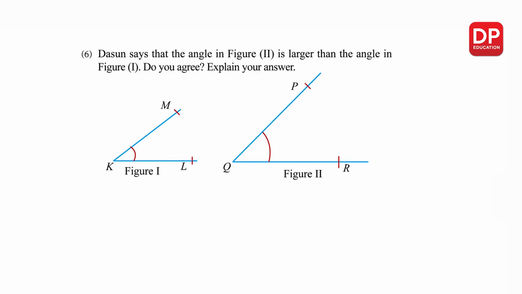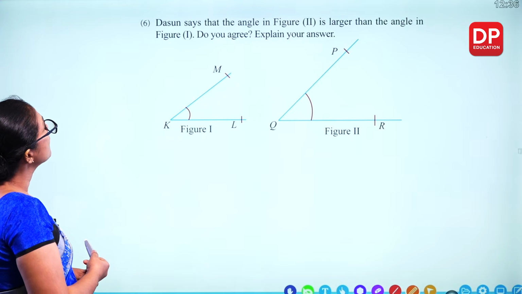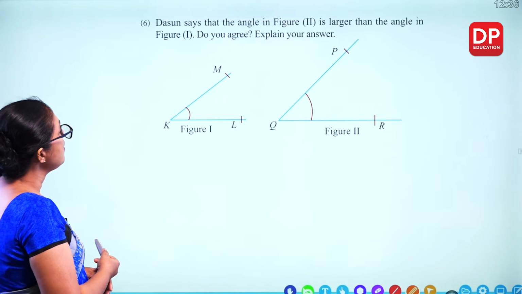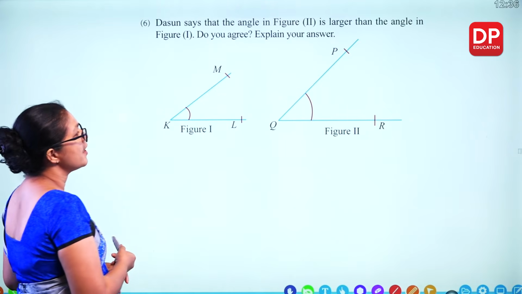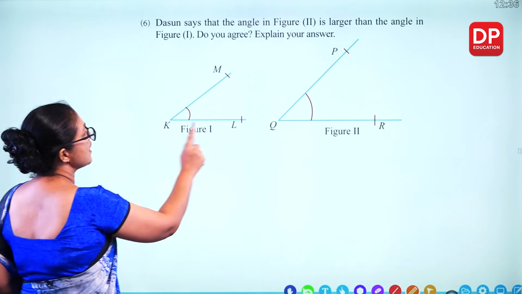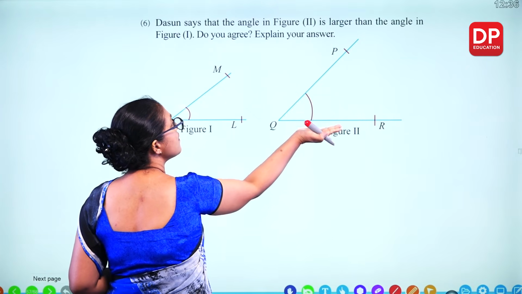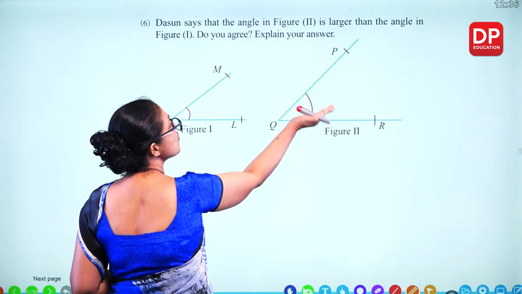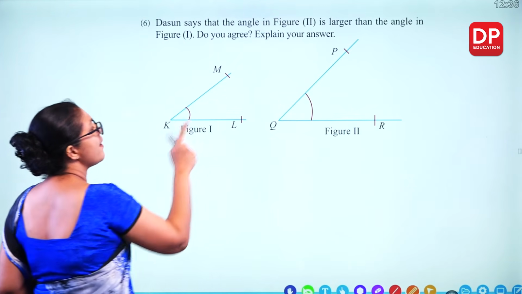Dasun says that the angle in figure 2 is larger than the angle in figure 1. Do you agree? Explain your answer. What can you say? Both are straight lines, and from here, the steepness of this line is different. These two lines are not parallel.